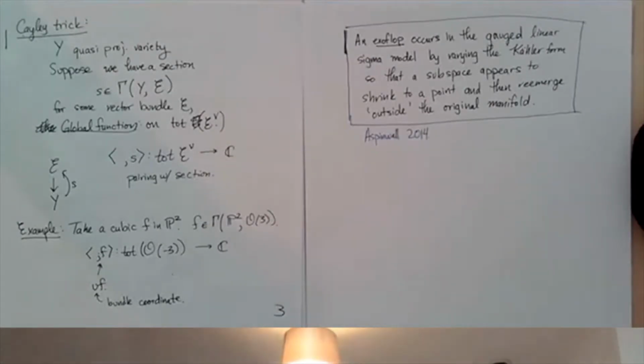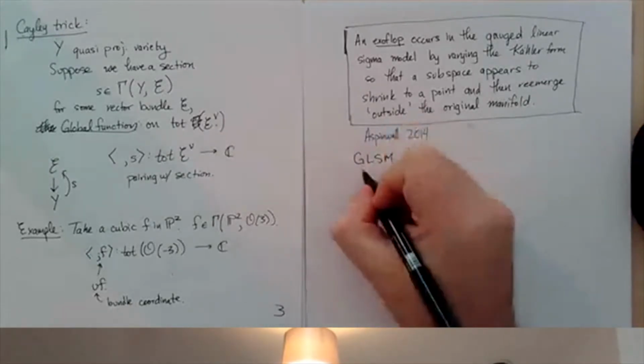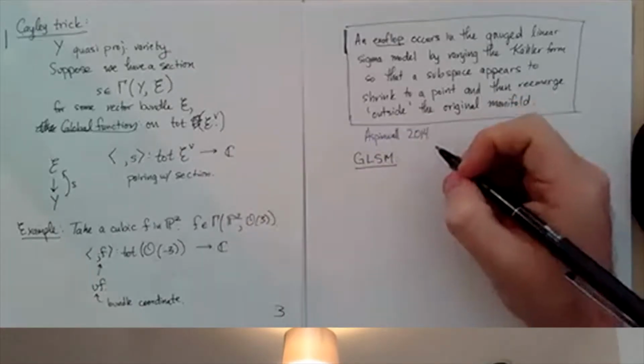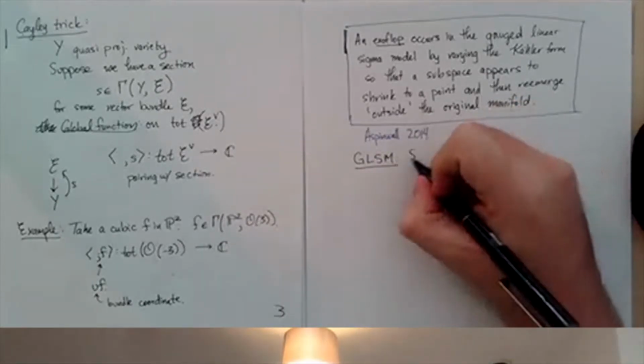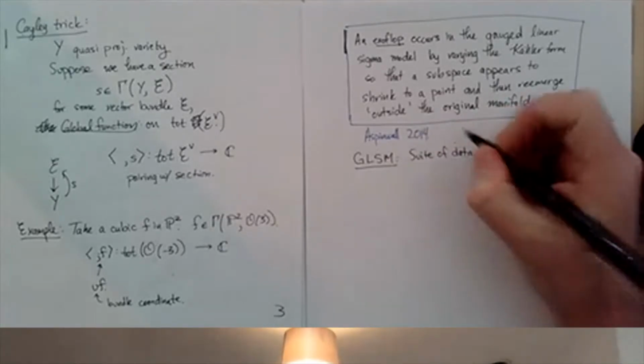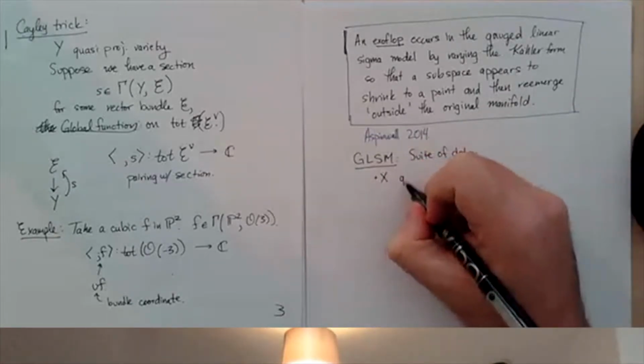So we should kind of just unparse what that means. What is a GLSM? So it is something that we see a lot, but we just don't see the language of it. So it's a suite of data where you have X being a quasi-affine variety.